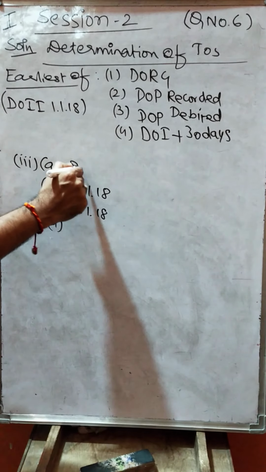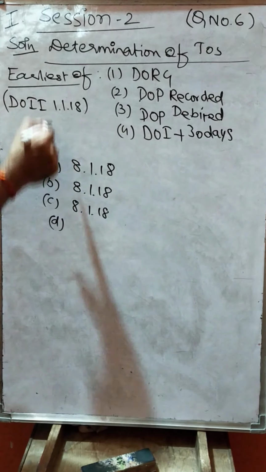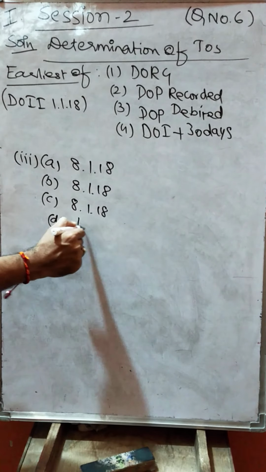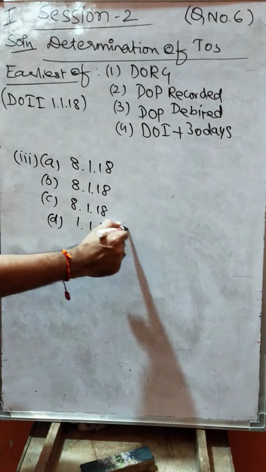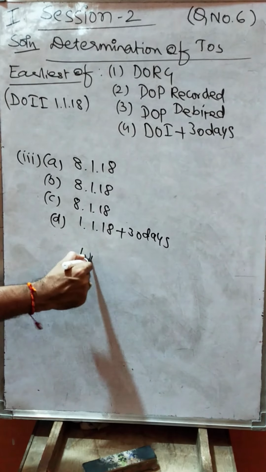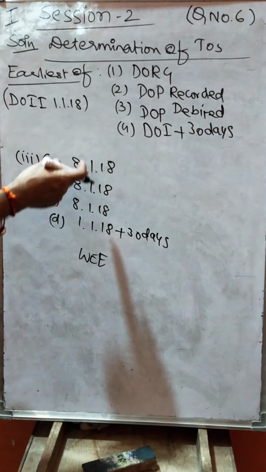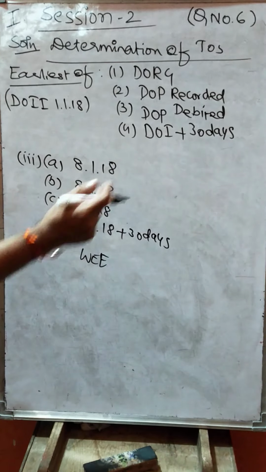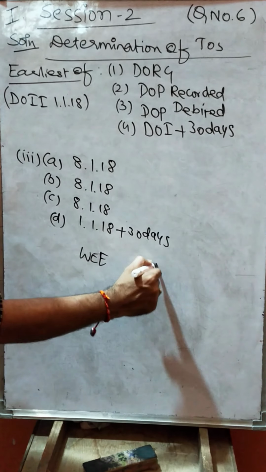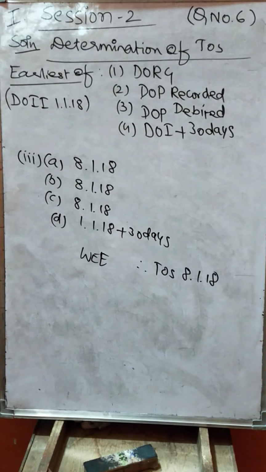So that is 8th January 2018. Date of issue of invoice is 1st January. 1st January plus 30 days. So it is 31st January. In these four, whichever is earlier, 8th, 8th, 8th, 31st. Therefore, time of supply is 8th January 2018.